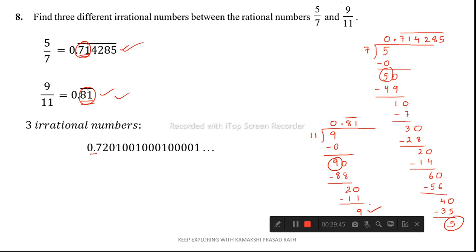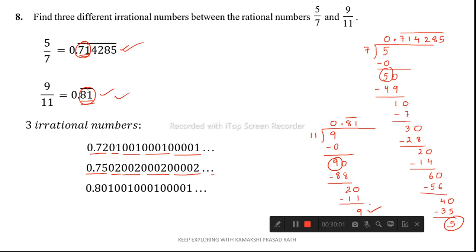So we can start from 0.72, then use our pattern for irrational numbers, non-terminating, non-repeating. Similarly, 0.75 will be our starting, then 02, 002, 0002 and so on. Then 0.80, that is less than 0.81, will be starting, then 1, 001, 0001 and so on, a non-repeating, non-recurring and non-terminating decimal pattern.